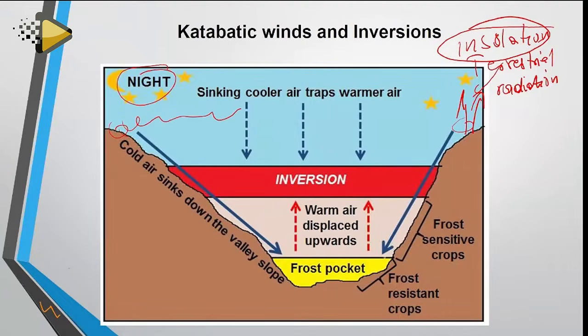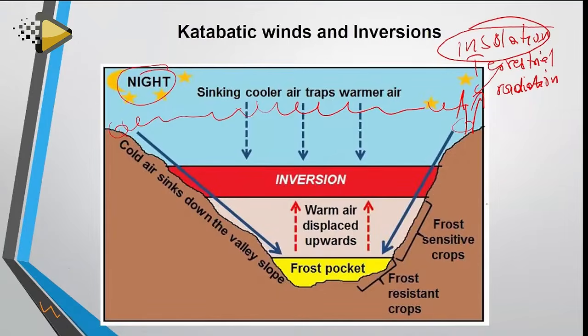When the cold air gets to the valley floor, what does it find? It finds warm air. It forces the warm air to rise, but the warm air can't rise out of the valley. Now it is trapped somewhere in the middle, forming inversion there, and that inversion, we call it thermal belt.